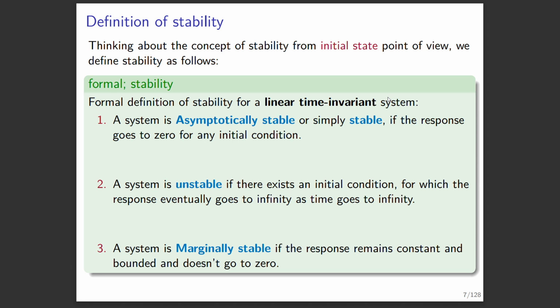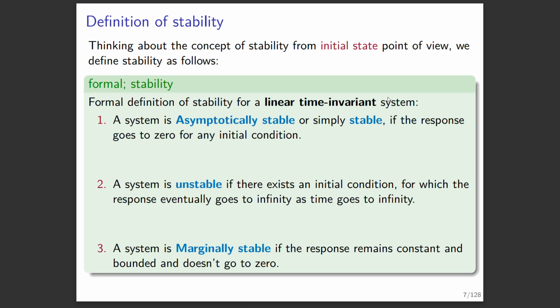So imagine a bowl, and then you have a ball inside of it, right? So you release a ball inside the bowl. Doesn't matter where you start, at the end, it's gonna go to zero. That's an asymptotically stable system, or simply stable.